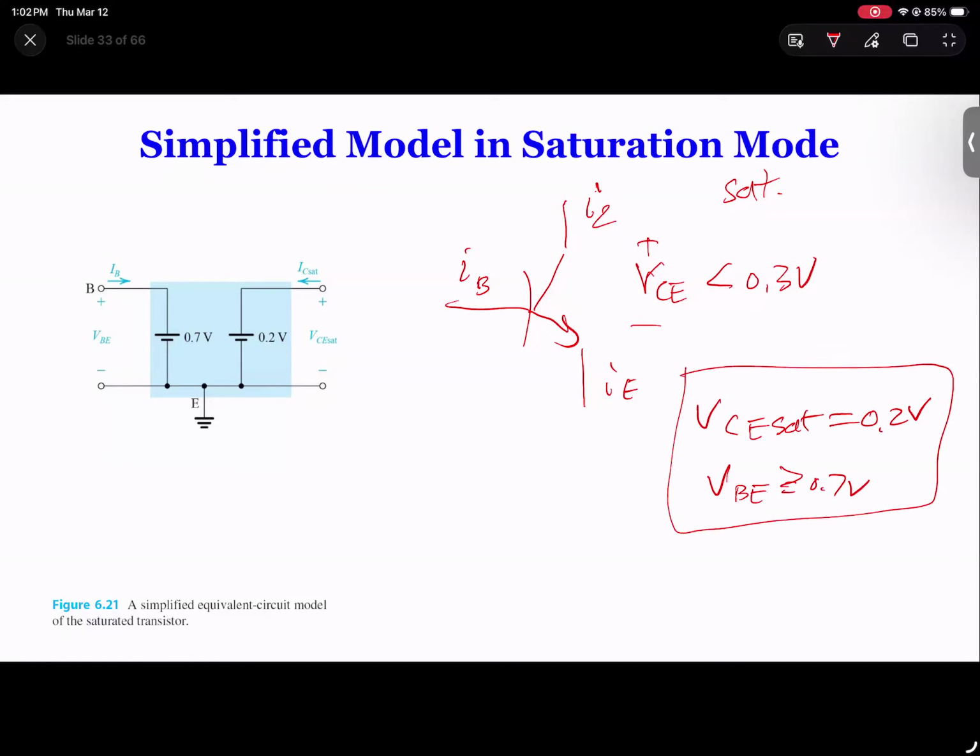So instead of saying VB is 0.7 or more, say exactly 0.7.